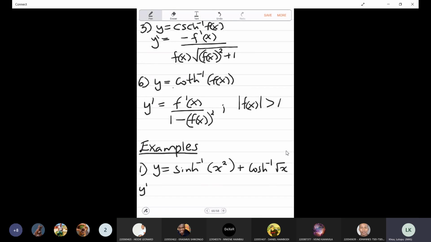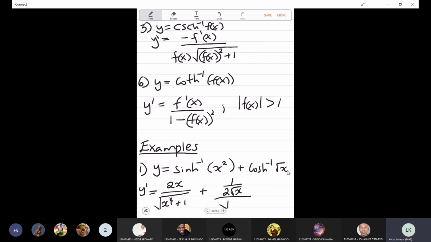So y prime, this is the derivative of this function in the numerator. The derivative of that is 2x. And then in the denominator, we have the function squared. So we have x squared squared, which is x to the power of 4, plus 1. And then the second one, we have the derivative in the numerator, so 1 over 2 square root of x.